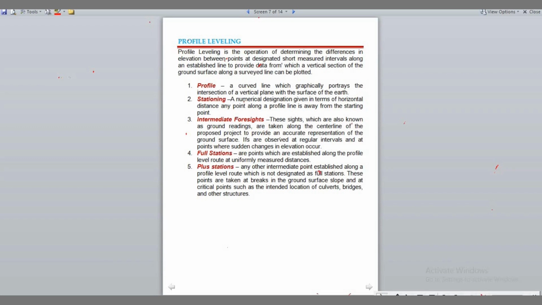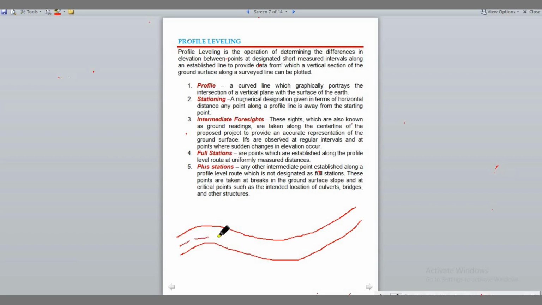Let's say, aerial shot tayo niya, aerial view tayo. So, this is your proposed road. Siyempre, wala pang kalsada, bantay pa lang data niya. Magtatakda tayo ng profile leveling.